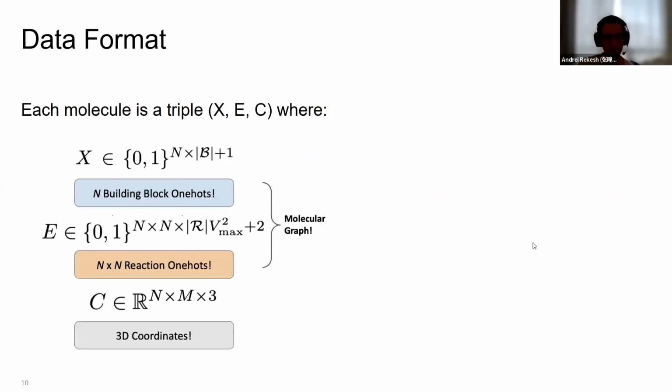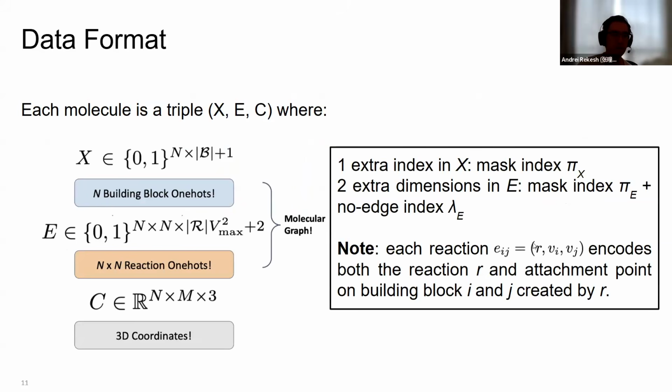And what this looks like a little bit more formally is we format molecules as one hots over building block identities and reaction identities. And in order to keep these reaction centers in the information encoded by the reaction matrix, here n is the number of building blocks in a molecule.